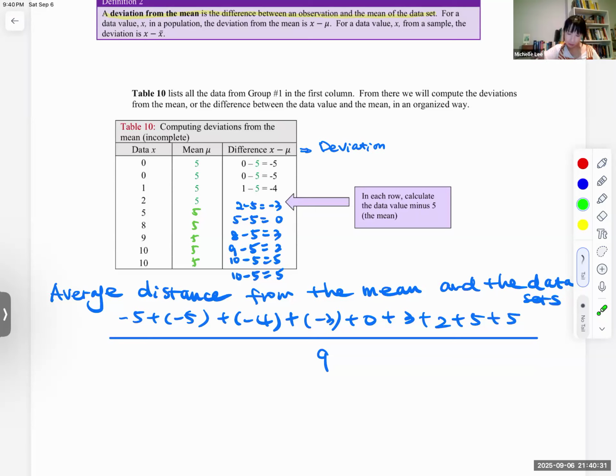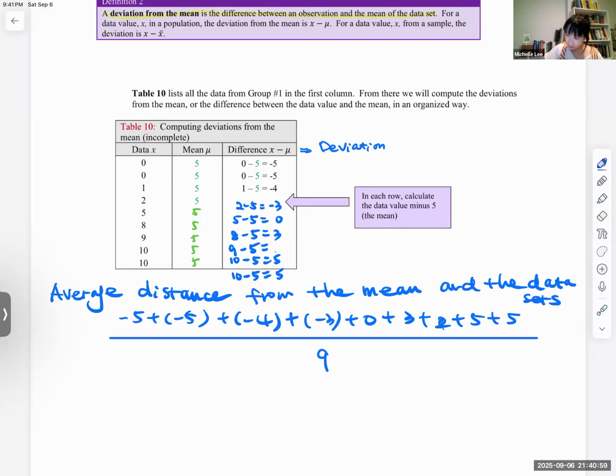Hold on one second. I made a mistake there. 9 minus 5 is 4, not 2. It is good that I caught it right now.